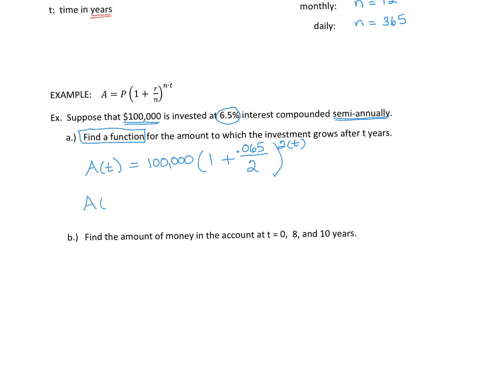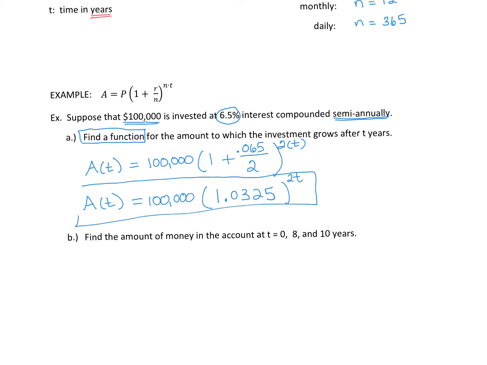If I want to simplify this, I'm going to get 100,000. I will do this parenthetical in my calculator, and in this case I get 1.0325. So this is the model that will give me the amount of money in the investment account at t years.